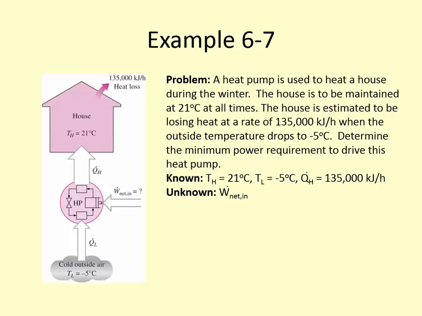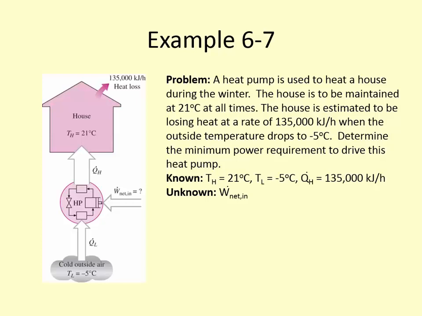So if we want to know the least amount of power we have to put into this system, we can look at the theoretical perfect system, or the reversible system, which again is not going to have 100% efficiency. It's going to have a coefficient of performance of some other value. So we want to look at the minimum power requirement. So anytime you see keywords in problems like that, if you're looking for the max power or the minimum power or whatever it might be, best case scenario is always the reversible case. So we have to calculate that.